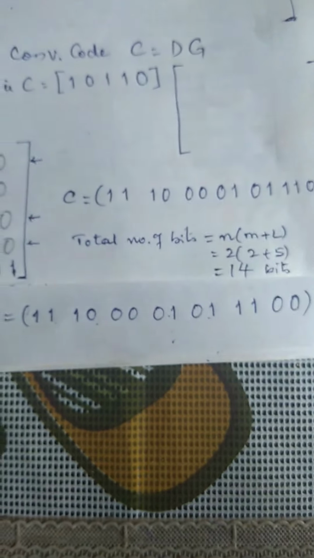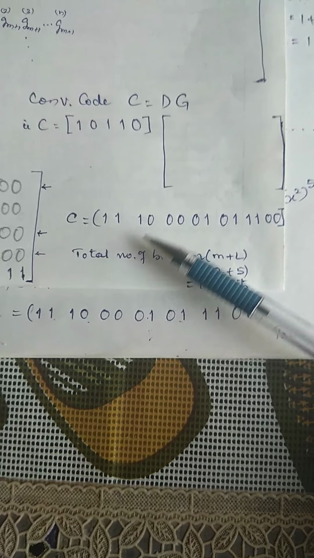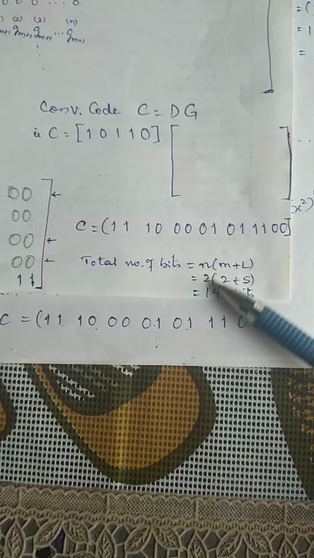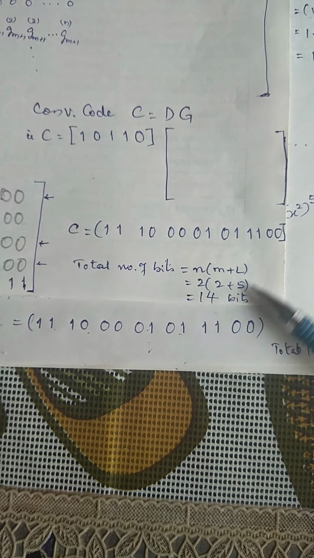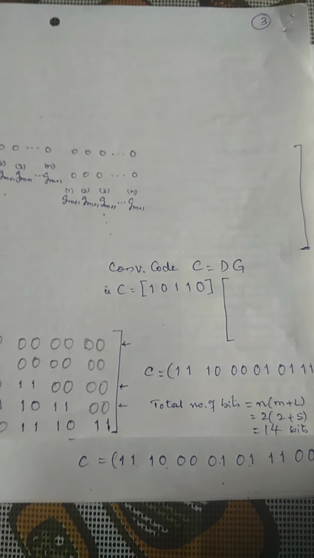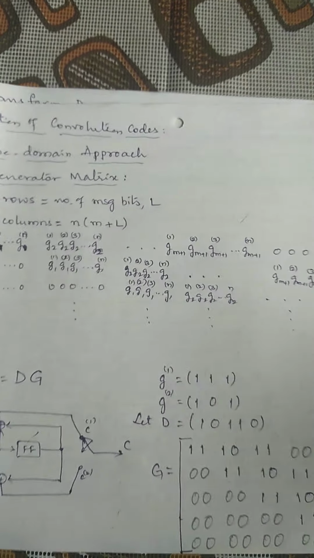So the two codes obtained in the time domain and the transform domain are the same. Hence convolution codes can be obtained both in the time domain as well as in the transform domain.